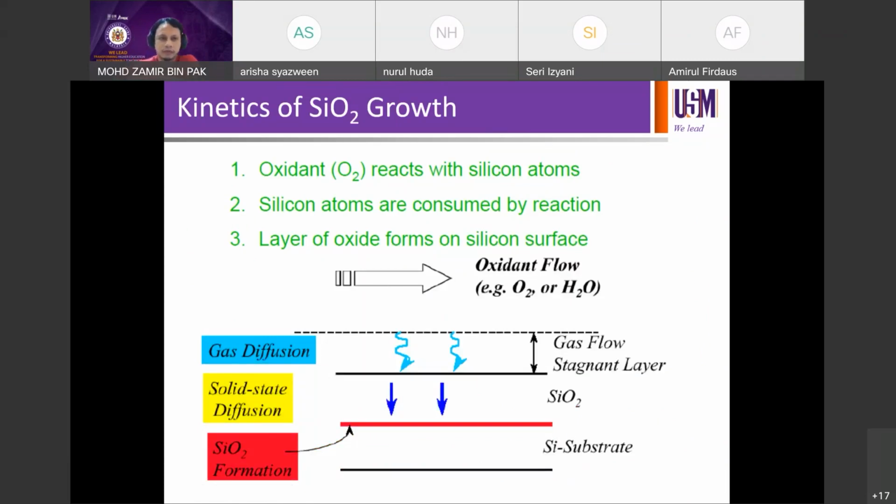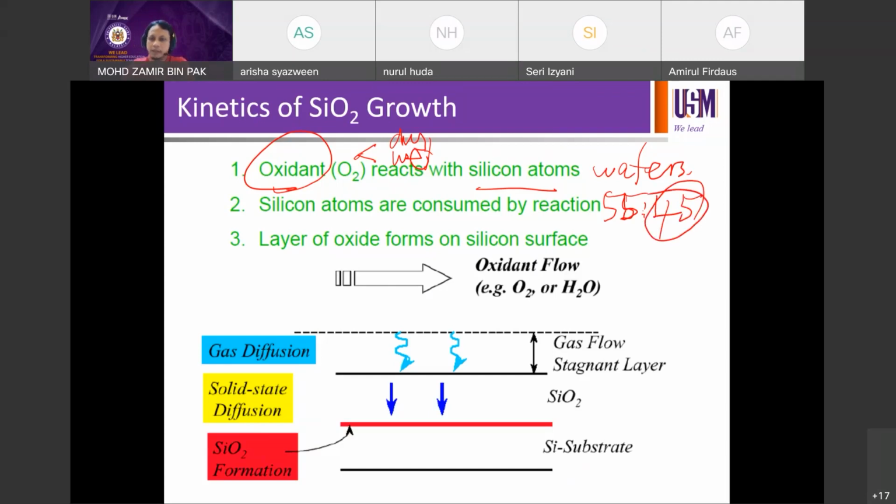So the oxidant can be dry or wet. That's the very first step, and we're going to look into that in the schematic below. Step number 2 is that silicon atoms are then consumed. Remember the previous page, the 55-45 or 56-44 thing.